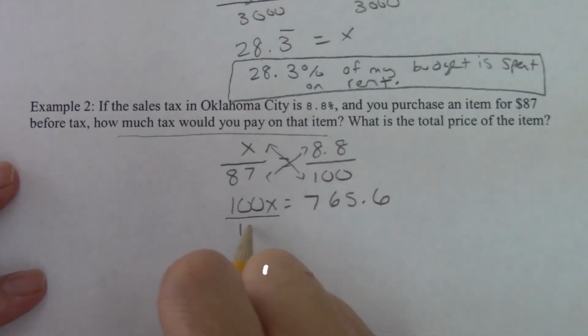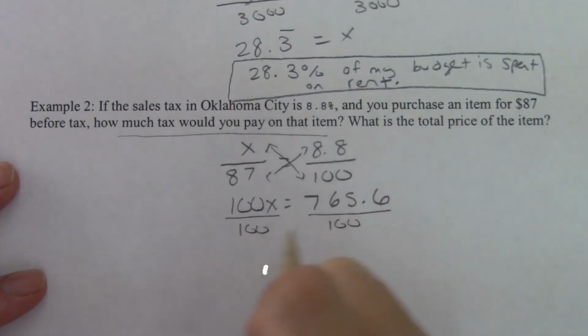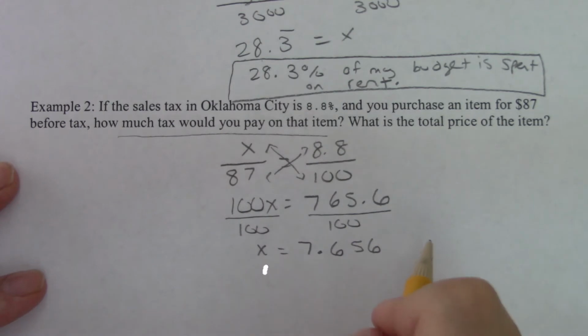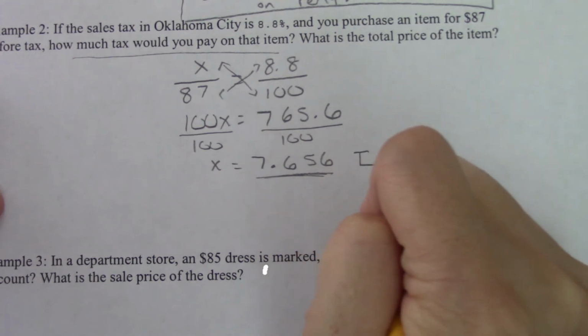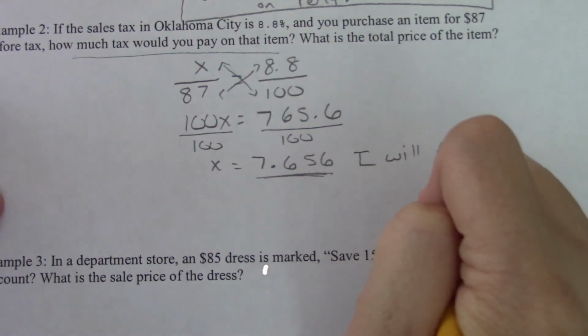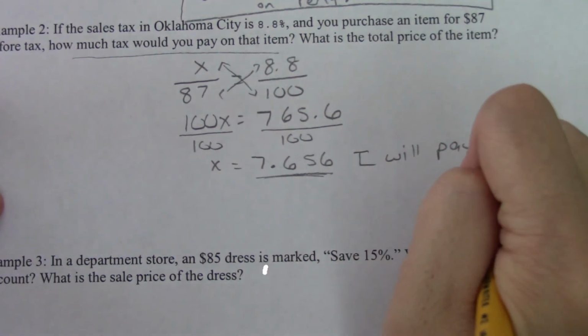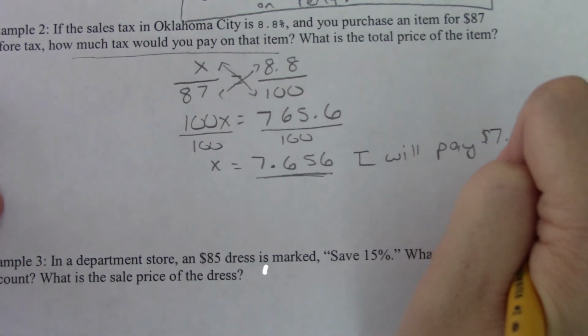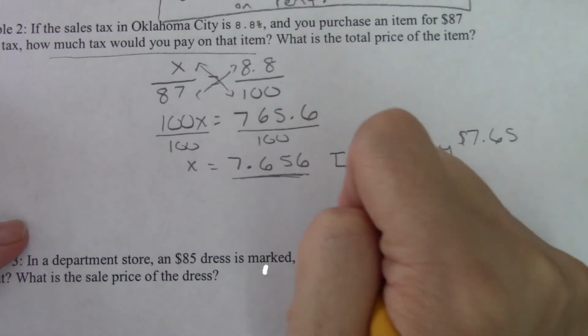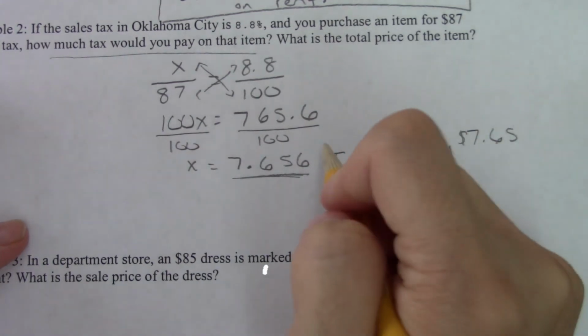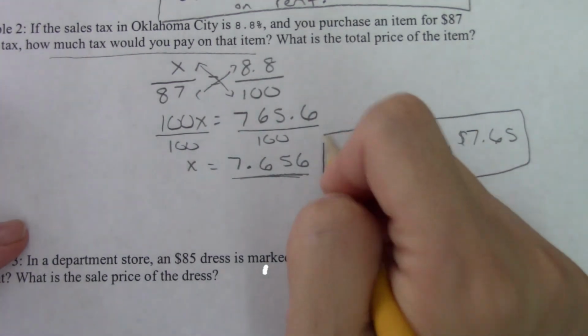Now I just divide both sides by 100. And x is equal to 7.656. So this is how much tax I'm going to pay on the item. So I will pay $7.65 in tax.